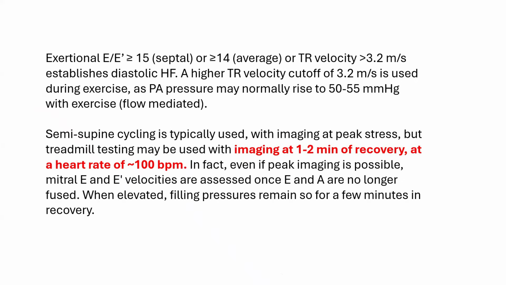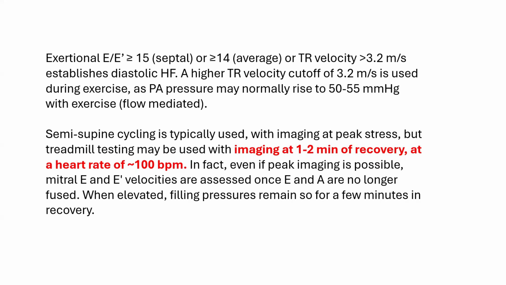Unlike with invasive diastolic stress testing, where we do supine cycling and we measure wedge pressure and PA pressure at peak exercise, and unlike exercise stress echo, where we're looking for ischemia and where we like to image the patient at peak exercise, with diastolic echo stress testing, we typically image the patient 1 to 2 minutes in recovery.